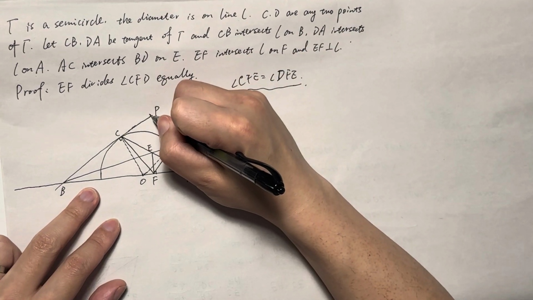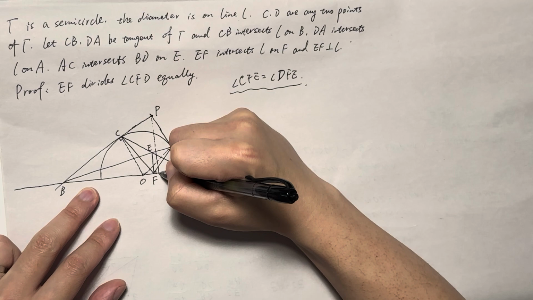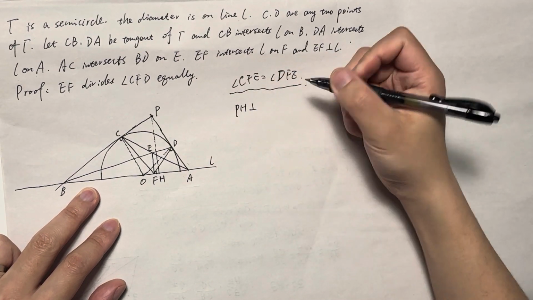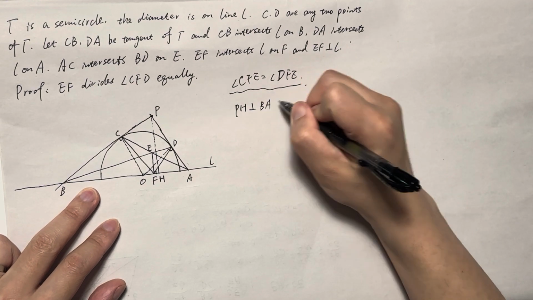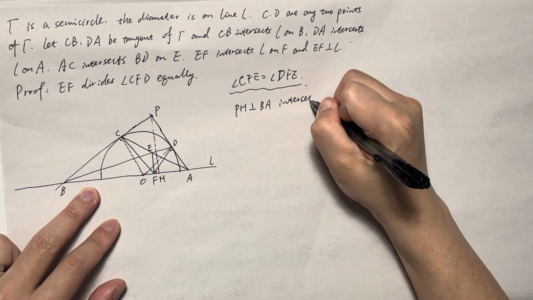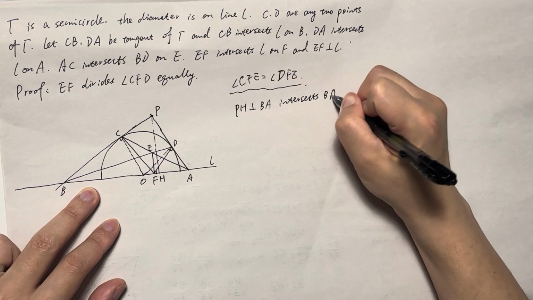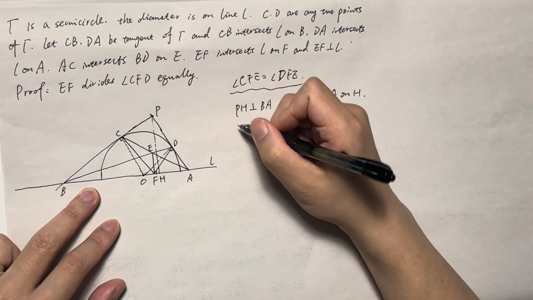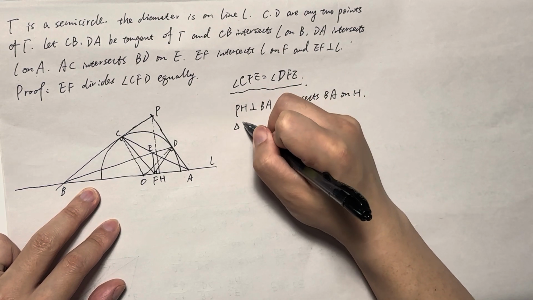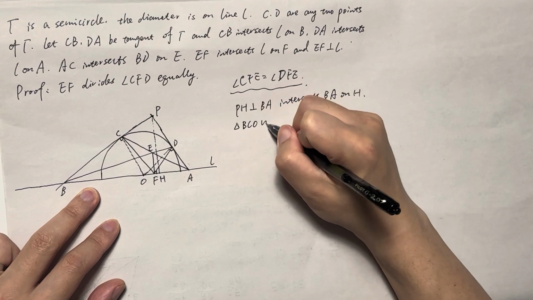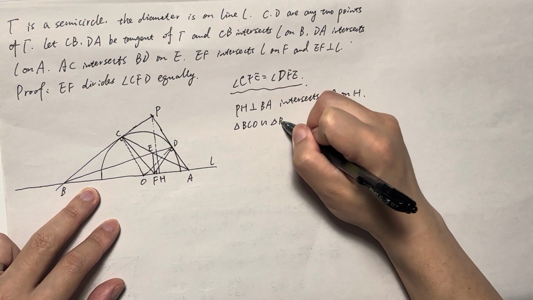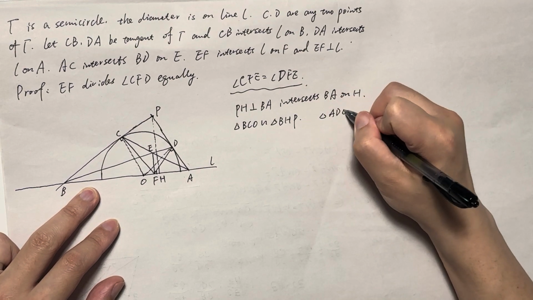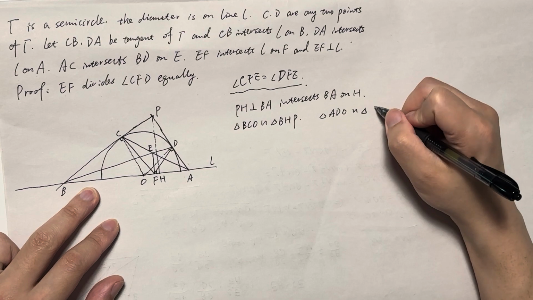So we draw PH perpendicular to BA, intersecting BA at H. Now we know that triangle BCO is similar to triangle BHP, and triangle ADO is similar to triangle AHP.